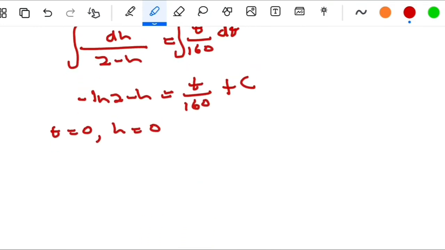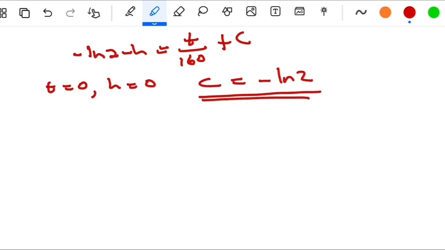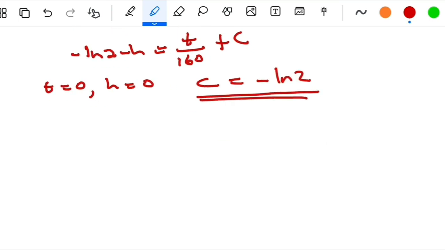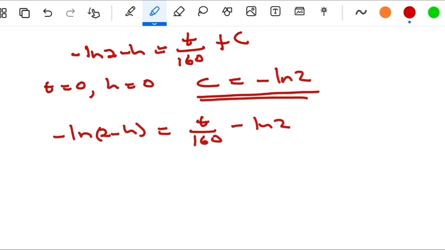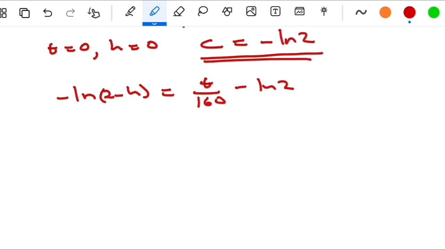Let's substitute for h and t, and we're going to get our c equaling negative ln 2. Now having our c, we can go back and resubstitute in the equation, which is negative ln 2 minus h equals t over 160 minus ln 2. Okay, now we've resubstituted in the equation.